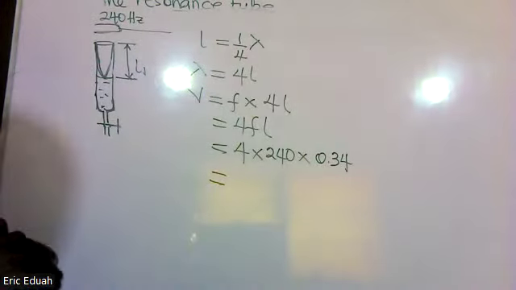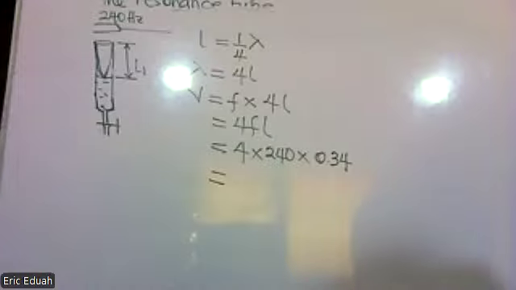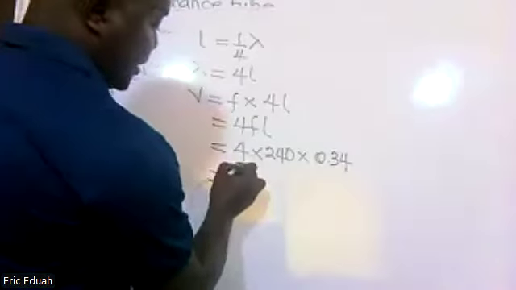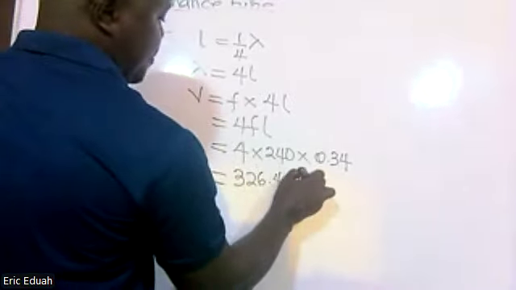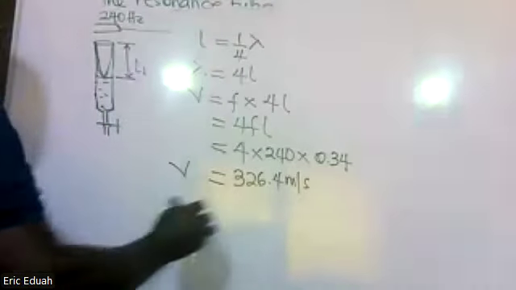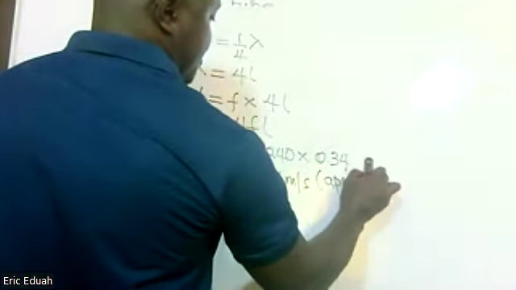What will be the velocity of sound in air? What will be V? Class, what will be V? The value of V. Good. So this is 326.4 meter per second. And there's the approximate value.